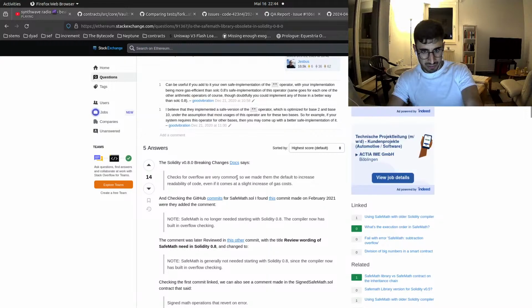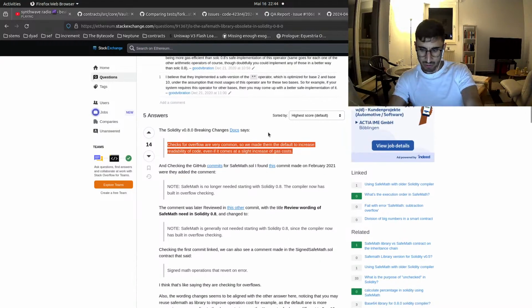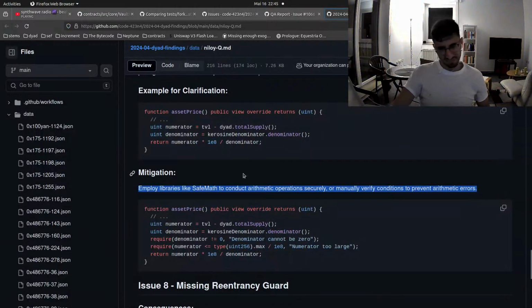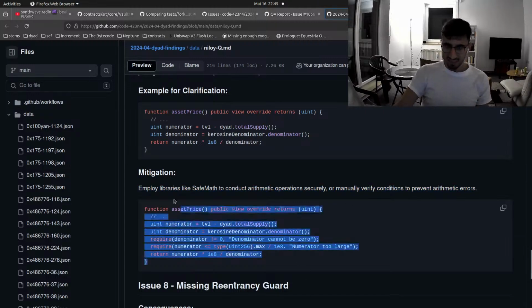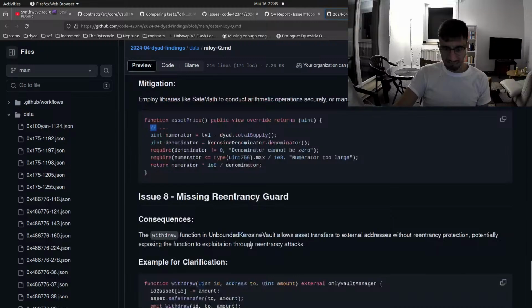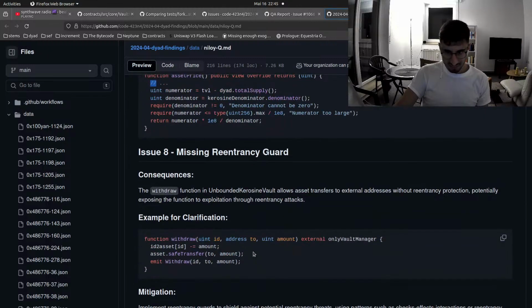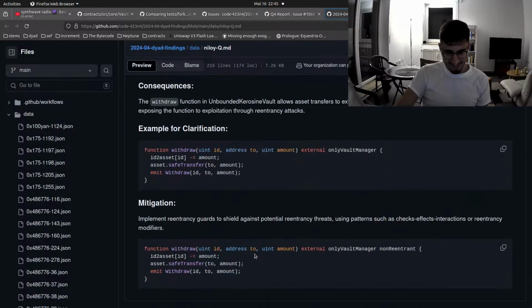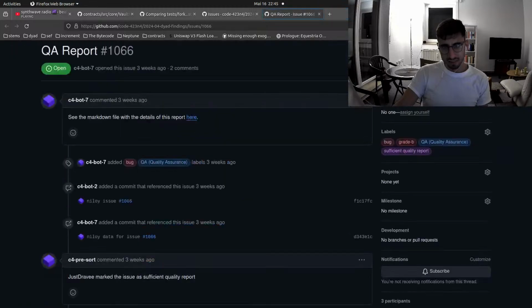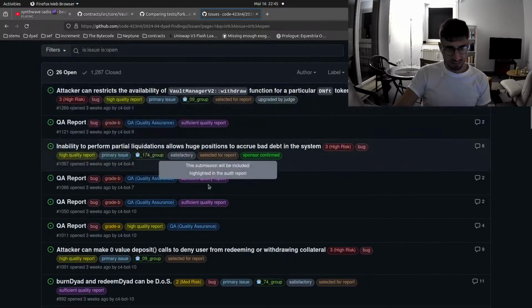Text for momentum. Oh, this is very low quality. This one's bad.